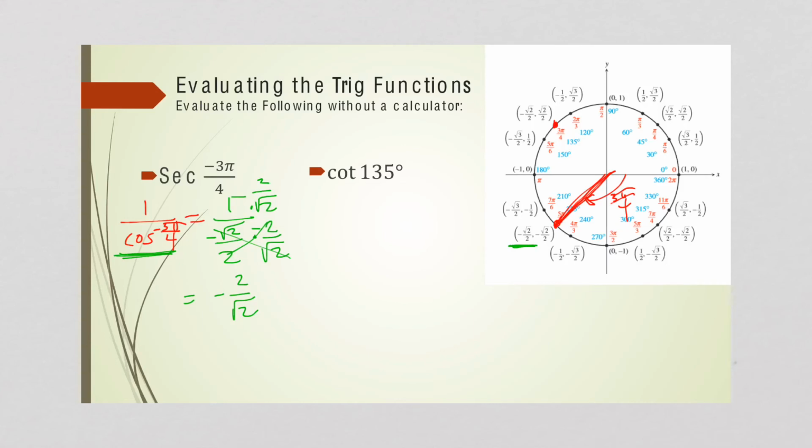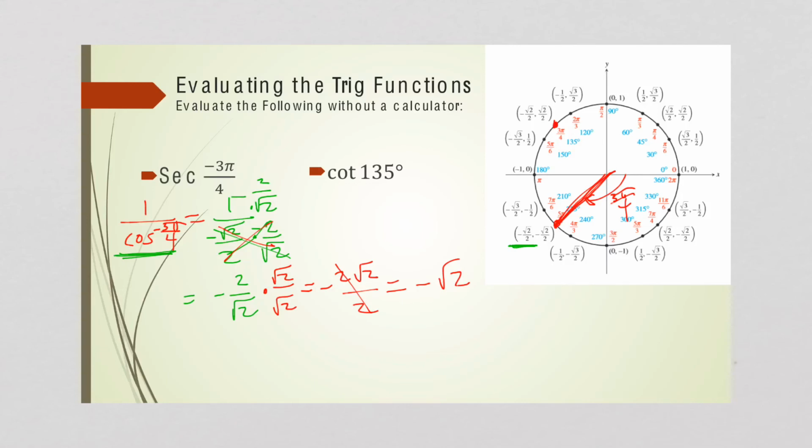But remember, I know I can't leave a root 2 in the denominator. So I get negative 2 square root of 2 over 2. Well, if you recall from before, you can cancel those 2, so I finally end up with just negative square root of 2. Okay.